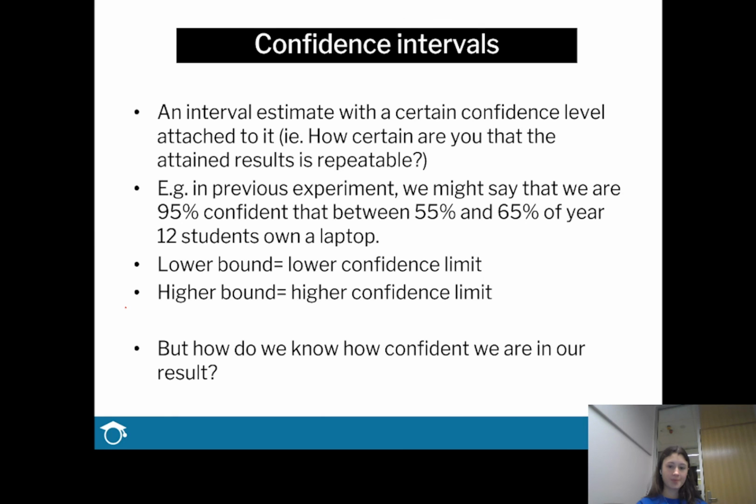So in the previous experiment, we might say that we're 95% confident that between 55 and 65% of Year 12 students own a laptop. So basically what we're saying there is that 95% of values are going to fall between that range, 55 and 65%.